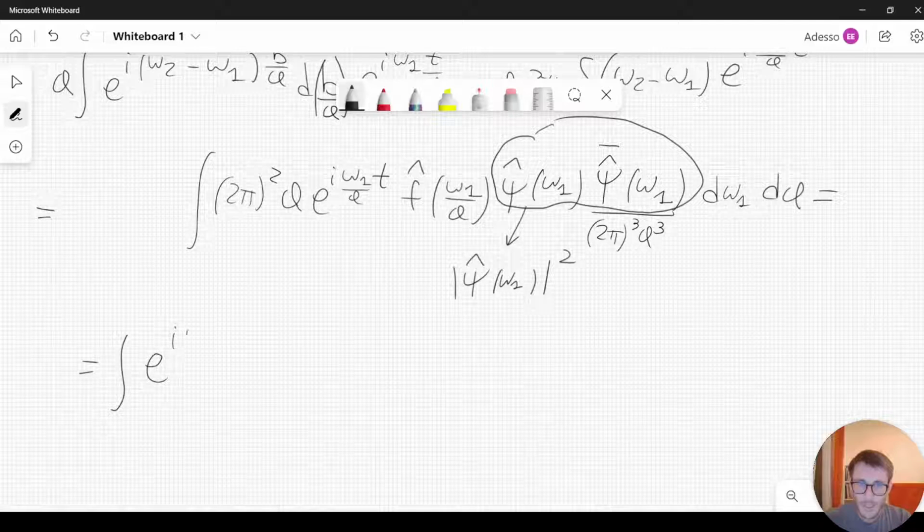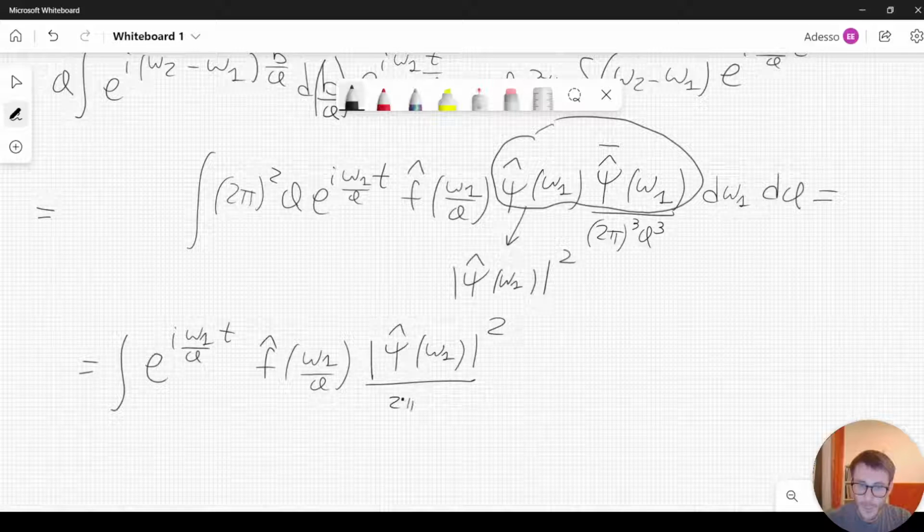I have e to the i omega 1 t over a, f hat of omega 1 over a, and then I have mod psi hat of omega 1 squared, and then I divide this by 2 pi a squared d omega 1 dA. Now we are almost there.